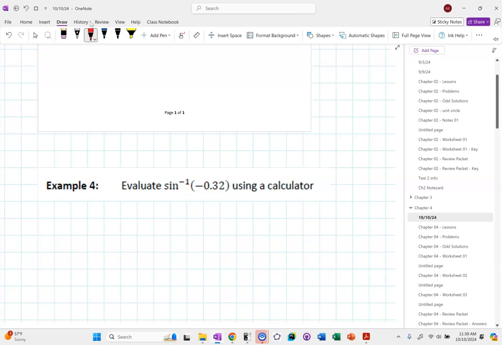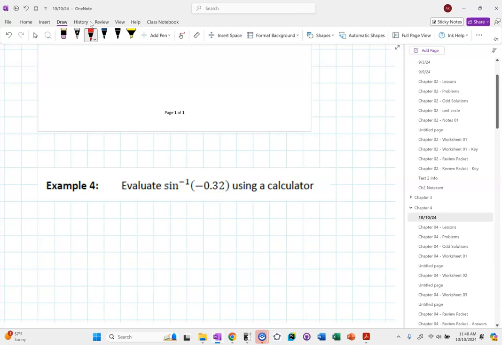Now, even if this didn't say using a calculator, you should recognize that this is not going to be a unit circle problem, because negative 0.32 sure isn't a unit circle coordinate, right? Is everybody cool with that? The only unit circle coordinates are 0, a half, root 2 over 2, root 3 over 2, 1, or some combination of division of those things. Everybody's okay with that?